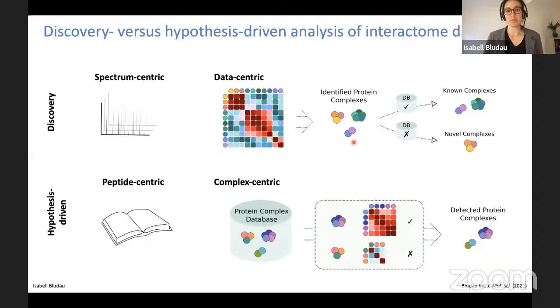So we can adopt an analogous approach that we call complex-centric for interactome analysis. Here we can take a protein complex database, such as the CORUM complex database, and look for evidence of these protein complexes in our data to see if these proteins are actually highly correlated, so that we call this complex detected, or if they are not correlated at all, so this complex would not be detected.